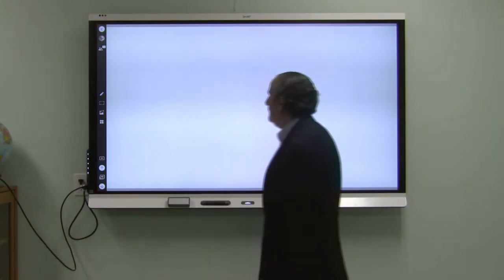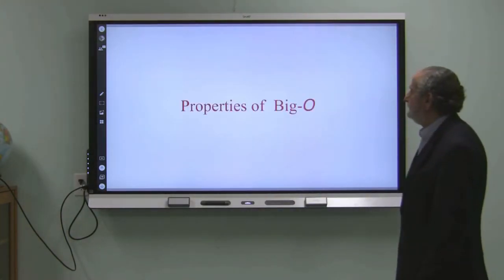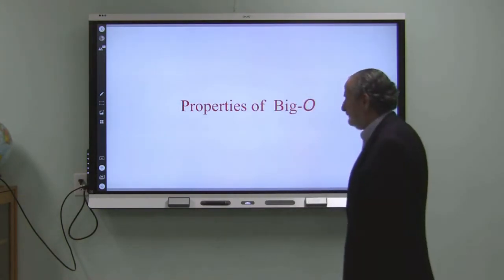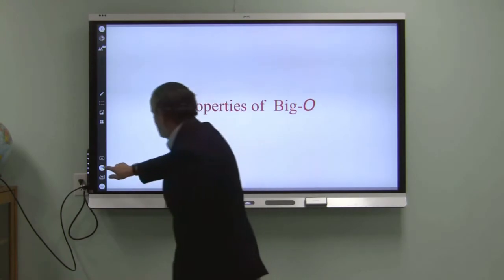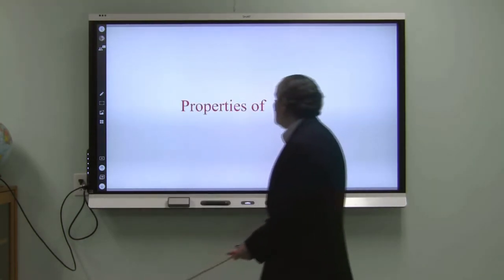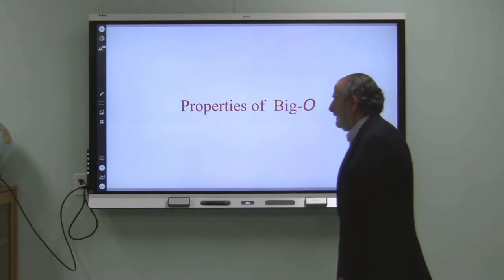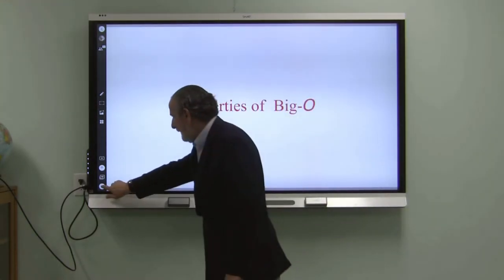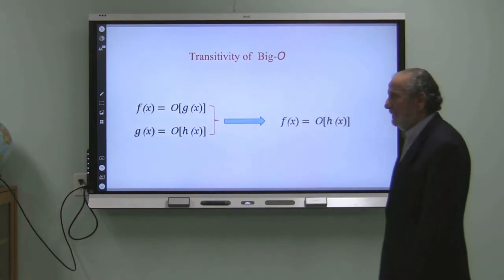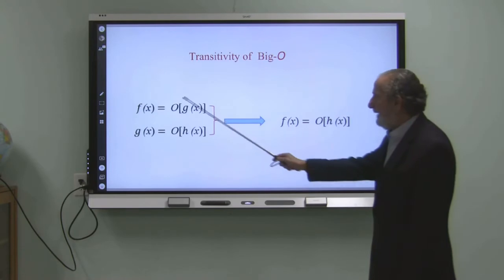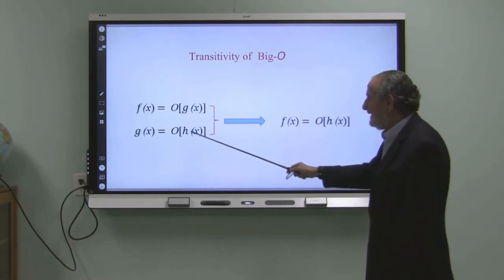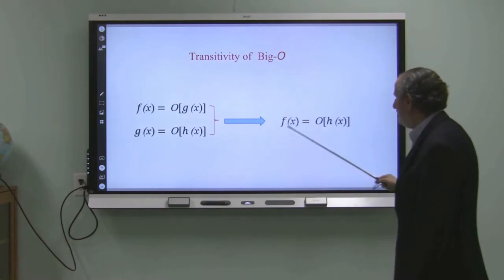We keep going. Properties of big O. Here are some interesting properties of big O. Transitivity of big O. If f is big O g and g is big O h, then f will be big O h.